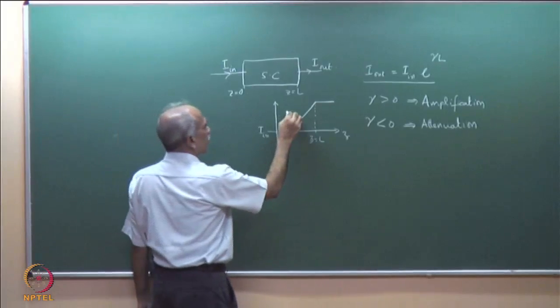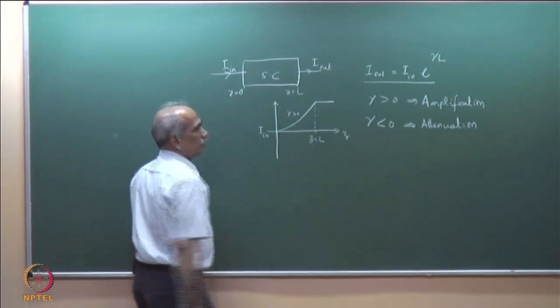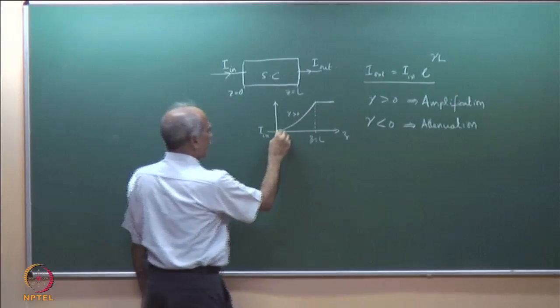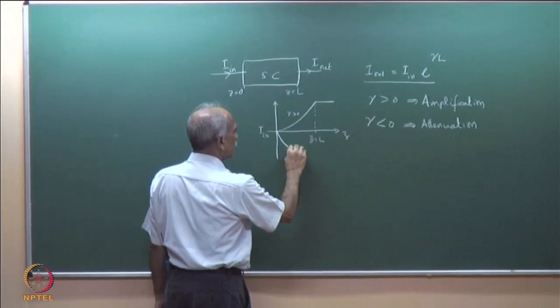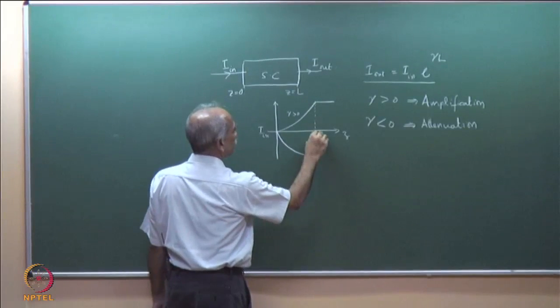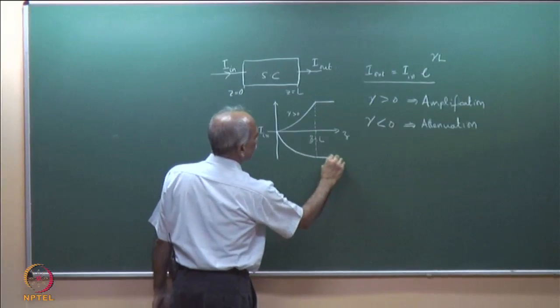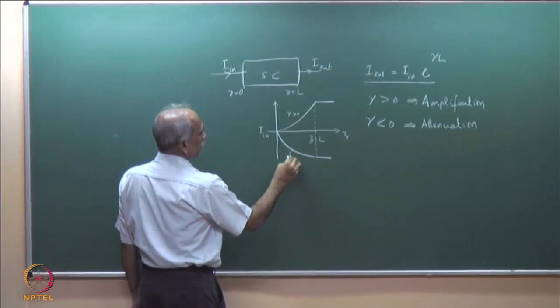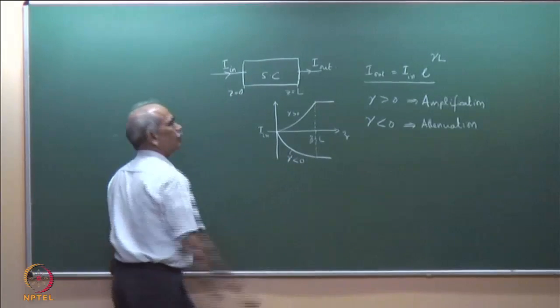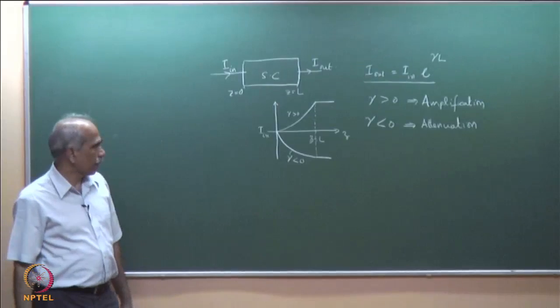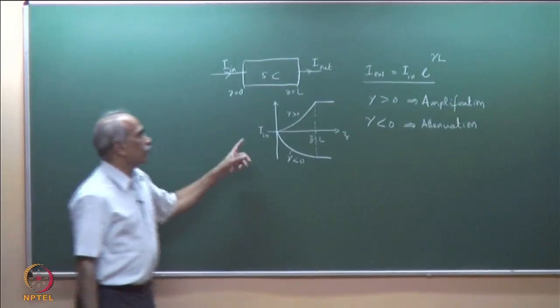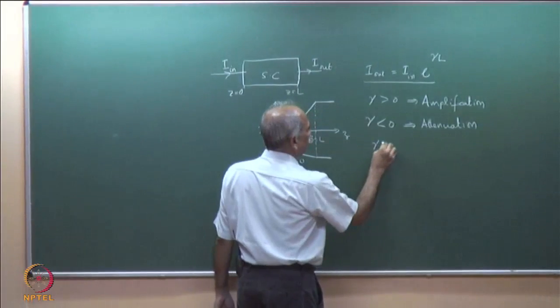This is for gamma greater than 0. For gamma less than 0, it will exponentially drop down here, and so this is for gamma less than 0, that is attenuation. We know also that gamma is a function of frequency.